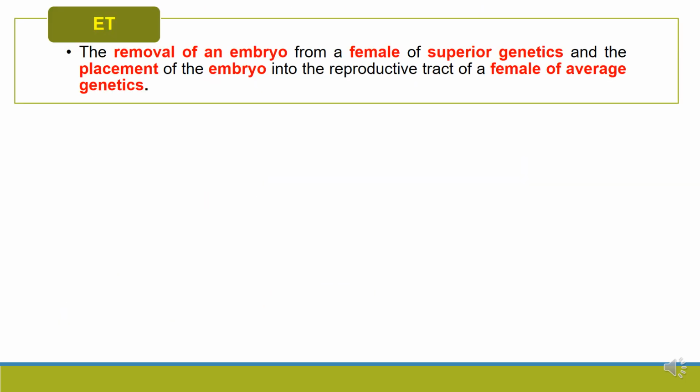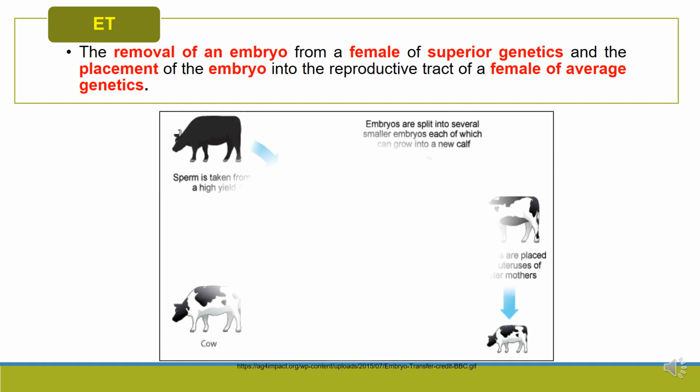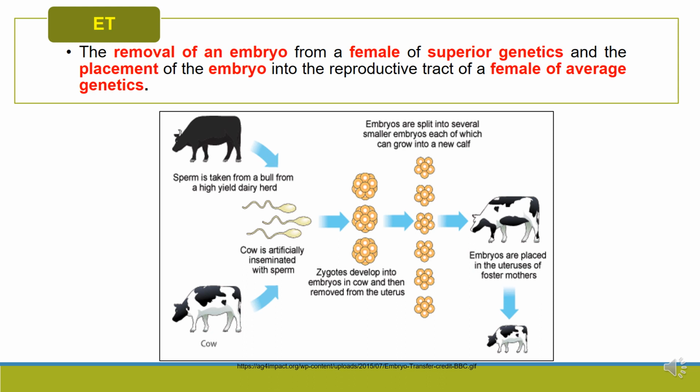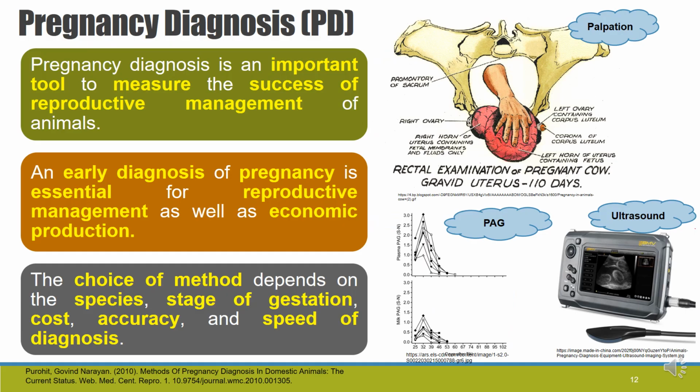The third one is embryo transfer. Embryo transfer is the process of removal of an embryo from a female of superior genetics and the placement of the embryo into the reproductive tract of a female of average genetics. This figure shows simple illustration of embryo transfer process in cattle.